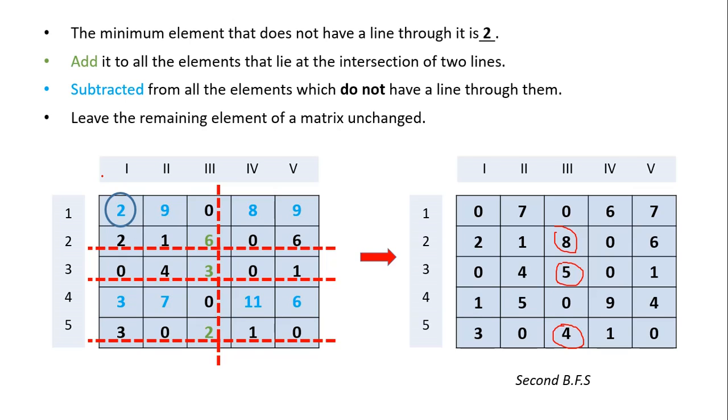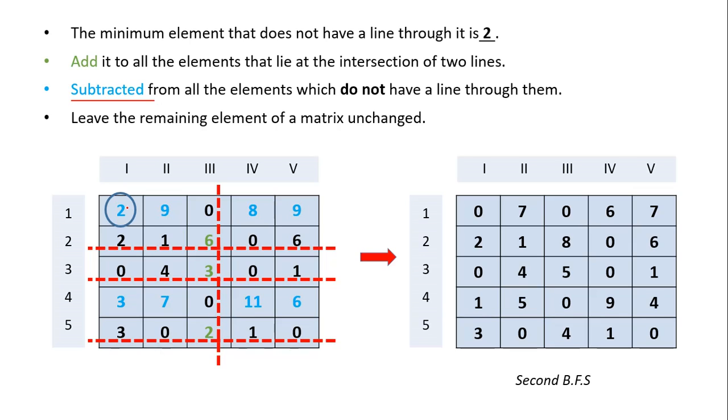Now the next step in this section itself is to subtract from all the elements which do not have a line through them, which are highlighted in blue. You can see the numbers highlighted in blue, which are not crossed by the line. We have to subtract the value 2, that is nothing but the minimum number, from all these elements.